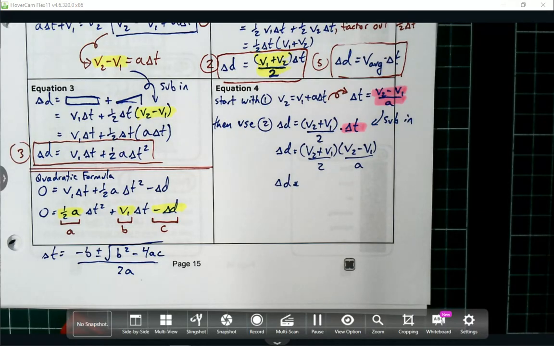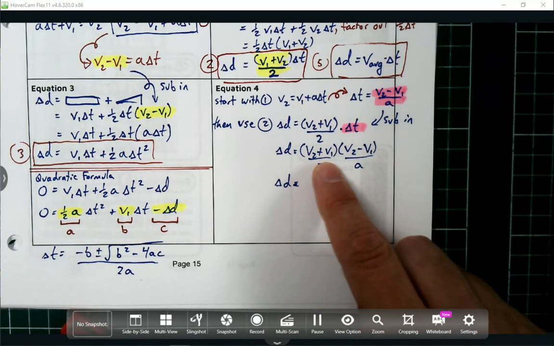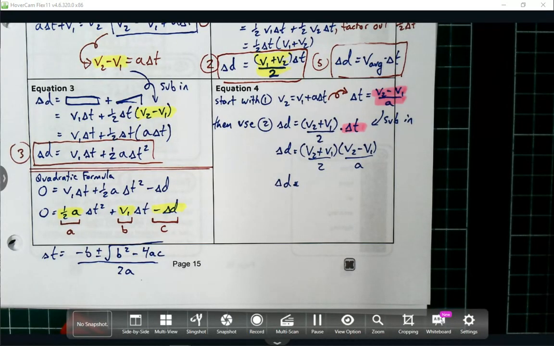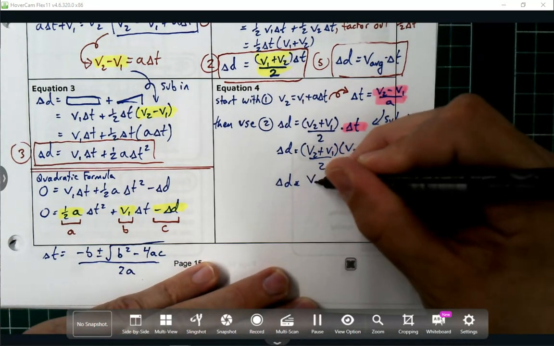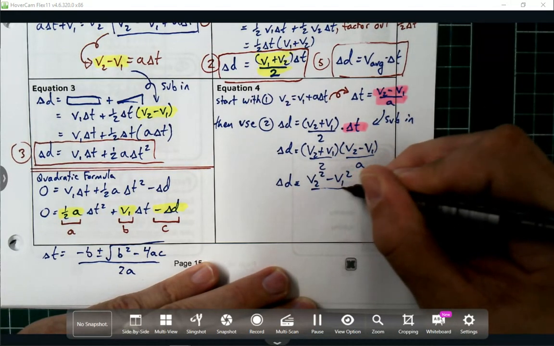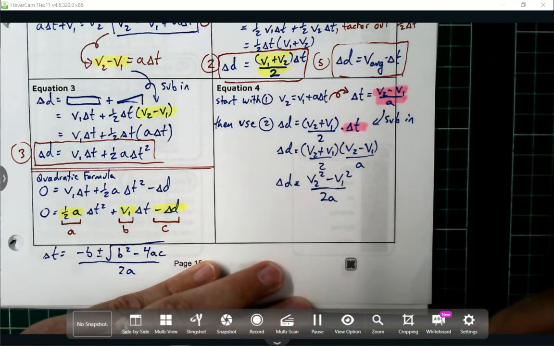All right. So when I multiply through this and I do the foiling, and you can FOIL this out for yourself, if I have V2 plus V1 times V2 minus V1, do you remember the special FOIL that is? Yeah. It's a difference of squares. And we end up getting V2 squared minus V1 squared across the numerator, and across the denominator I get just 2a.